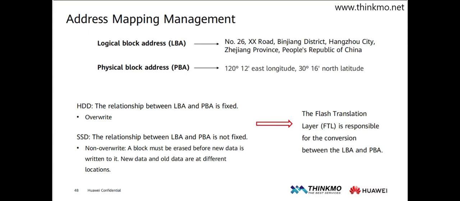This is a basic characteristic of our mechanical hard drives. They use overwriting. However, solid-state drives are quite different. In solid-state drives, our physical addresses and logical addresses are different and not fixed. This is because our solid-state drives have a unique storage characteristic. They do not support overwriting. If you want to write new data to a solid-state drive, you must first erase the old data before writing the new data.